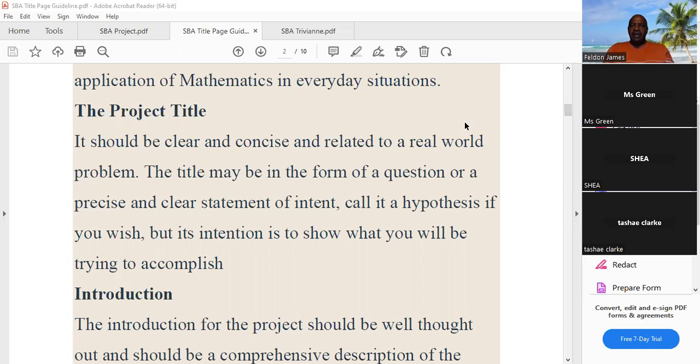Now, that question that you have as a project title, you're not going to ask the students that question. But what you're going to do, you're going to make a number of questions that will collect information relating to your project title. All right, so for instance, Shay, what was your question again?